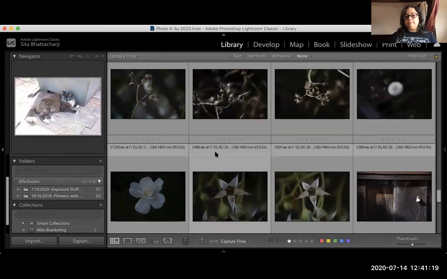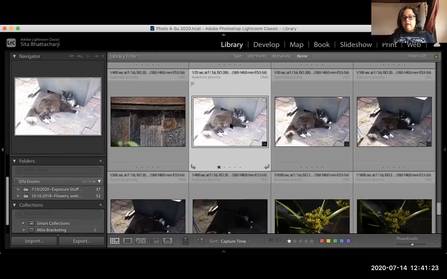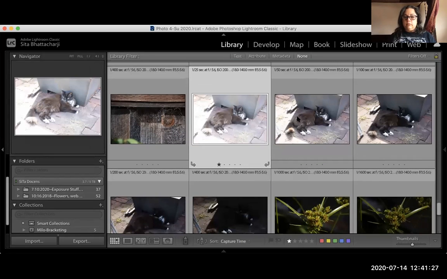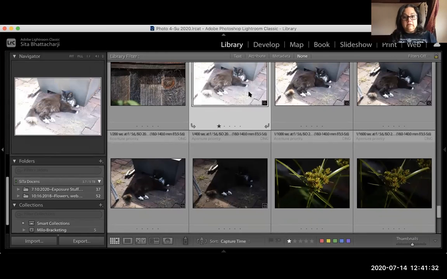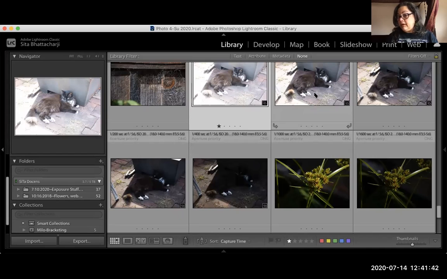So the images that we were just looking at, all five of these, 1, 2, 3, 4, 5, I can select them individually by clicking on the Command key, like so, and deselect them that way as well.